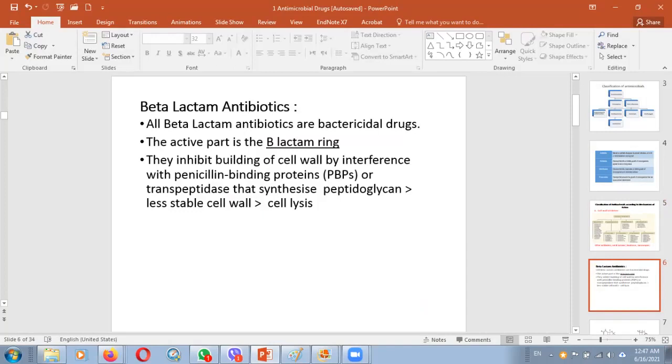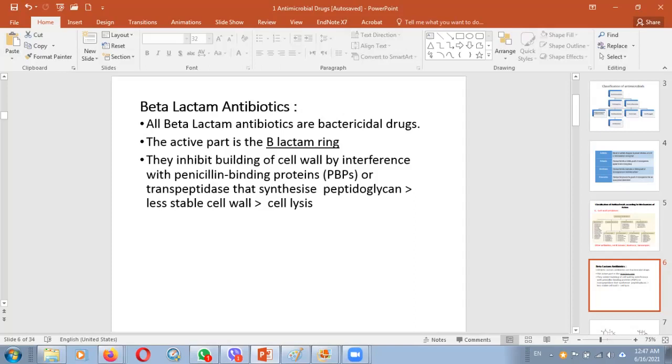All beta-lactam antibiotics are bactericidal drugs. We have said before, bactericidal means it kills the bacteria, versus static, which doesn't kill it, only stops the growth or proliferation of bacteria. For the beta-lactams, all of them are bactericidal.